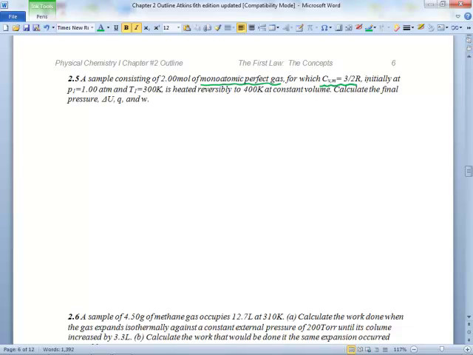Now, there's a couple ways to think about this. I mean, you could just slap down an equation. It might help you. But if it's heated reversibly, what's the equation for work you're supposed to use?